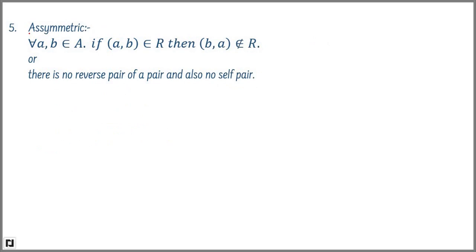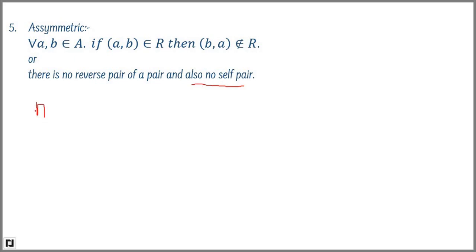The fifth property is the asymmetric property. For all elements a, b which belong to the set A, if (a, b) belongs to the relation, then the pair (b, a) should not belong to the relation, or no reverse pair of a pair is allowed, and also no self pair. Let's take an example.